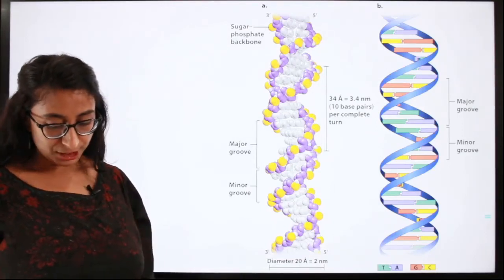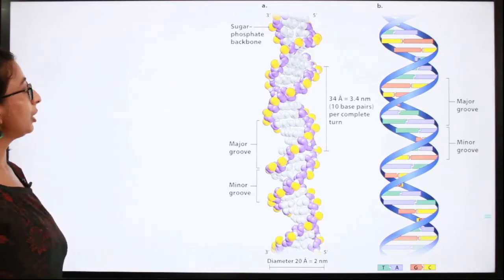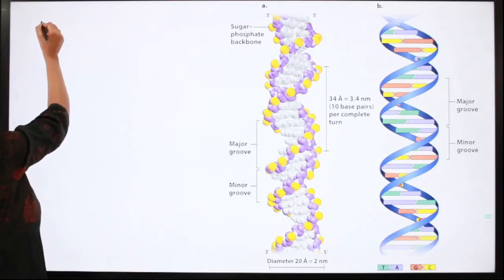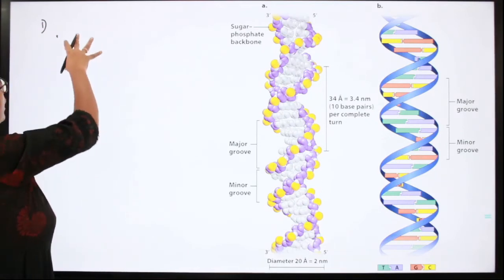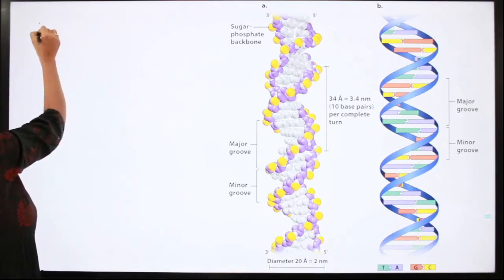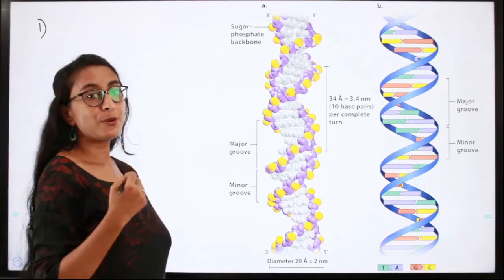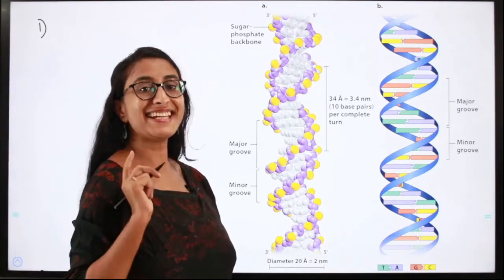First and foremost, DNA is made up of two polynucleotide chains or strands. So these are the important features of the double helical structure of DNA proposed by James Watson and Francis Crick in 1953.